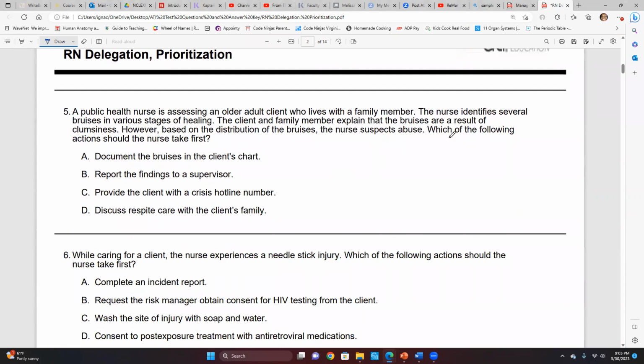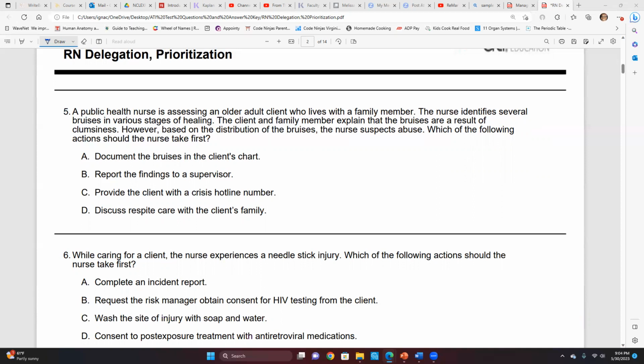A public health nurse is assessing an older client who lives with a family member. The nurse identifies several bruises in various stages of healing. When asked, the family members explain it as a result of clumsiness.